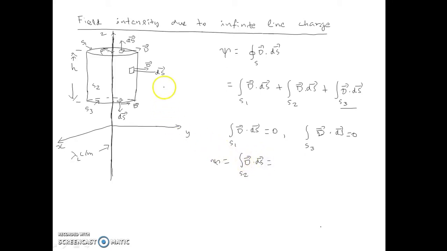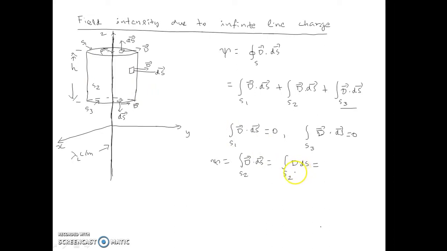But here, because D and ds are parallel, the angle between them is 0. So the dot product is now D into ds, and now we are using the second condition for the Gaussian surface, that is at all points of the closed surface where D is normal, D has a constant value.